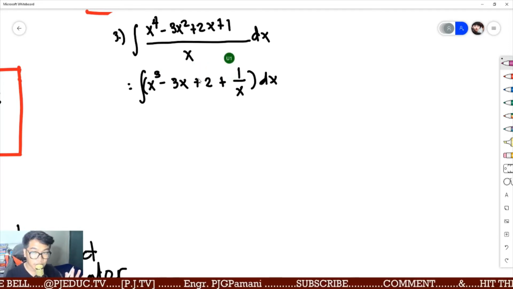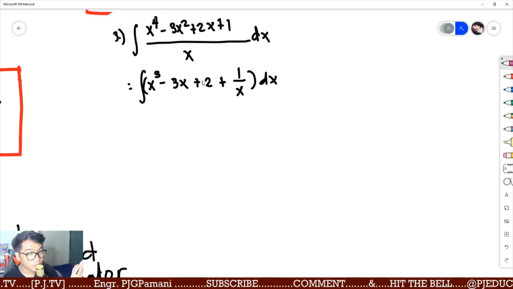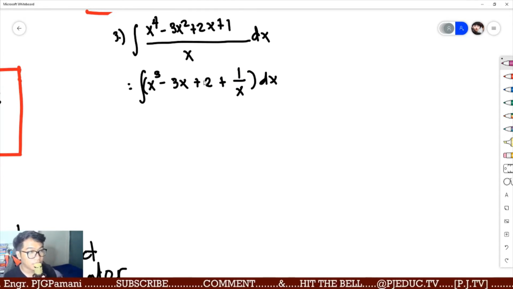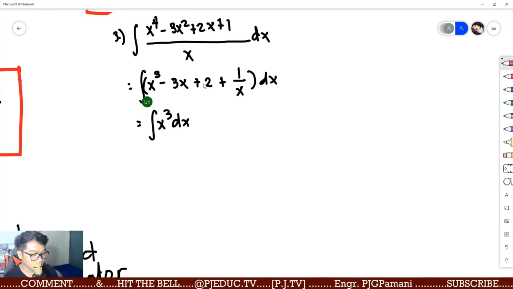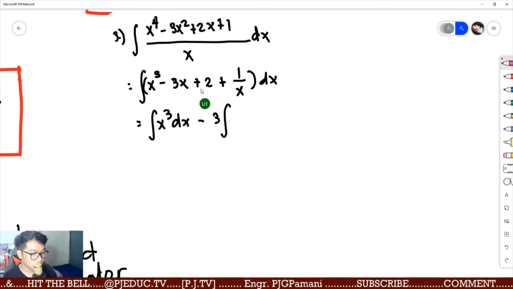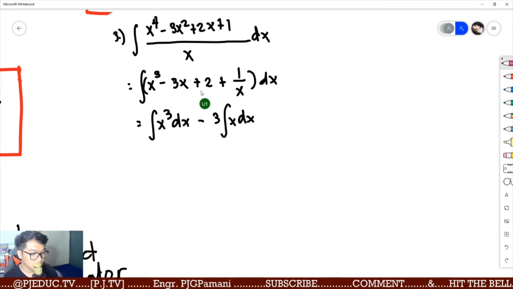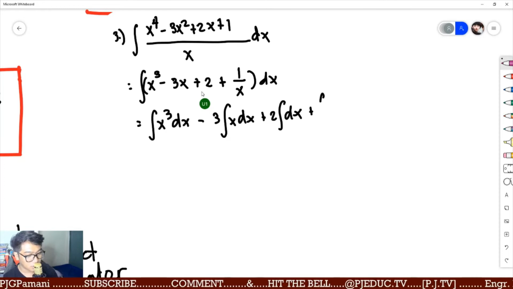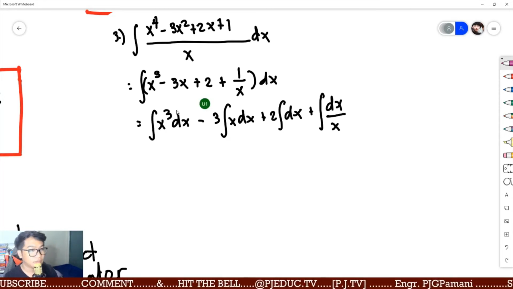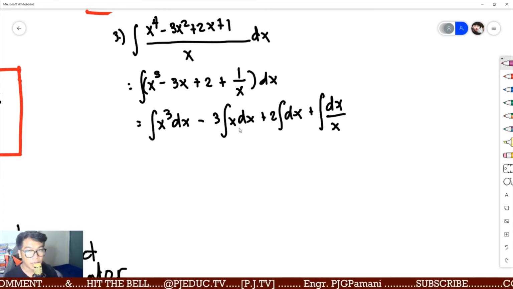So, mapapansin ninyo, we can apply both the power formula and the logarithm formula with this particular problem. So, x cubed dx minus 3, labas natin si constant, x dx plus 2 dx plus dx over x. Power, power, power, logarithm.